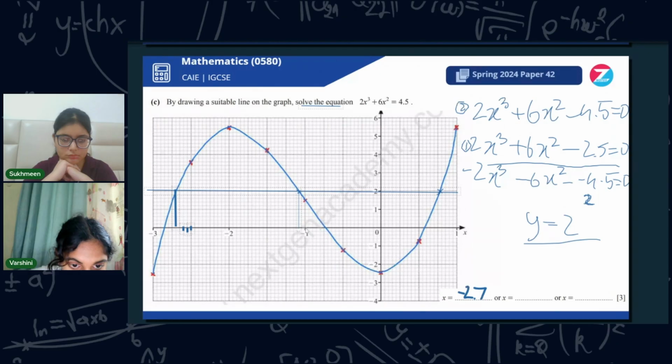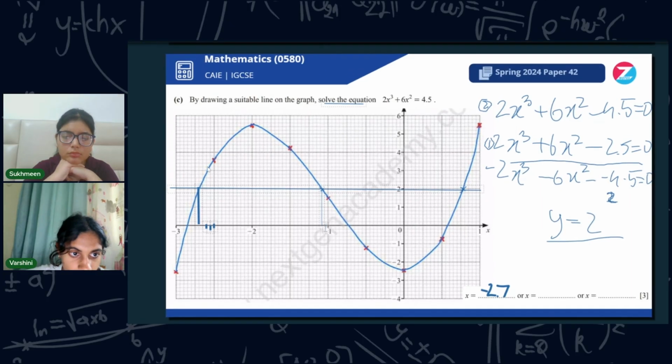So it would be 1.05 would be over here, and the next one would be 1.1. So we can say it's somewhere around minus 1.1. Don't forget the minus sign.